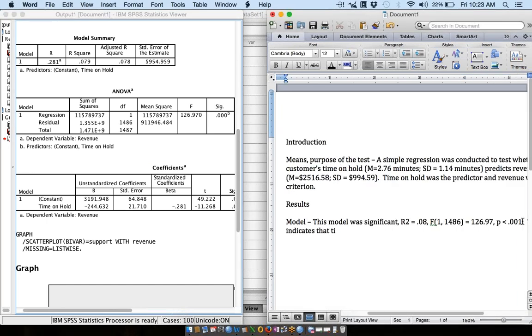Okay. This indicates that time on hold accounts for 8% of the variance of customer revenue.